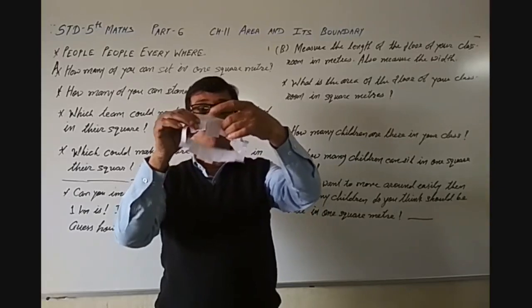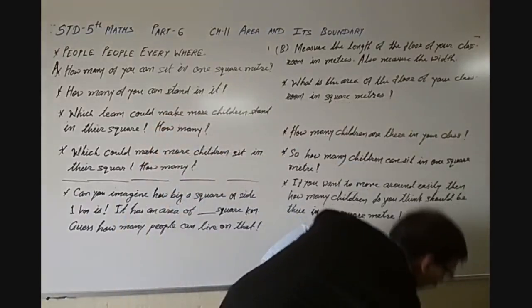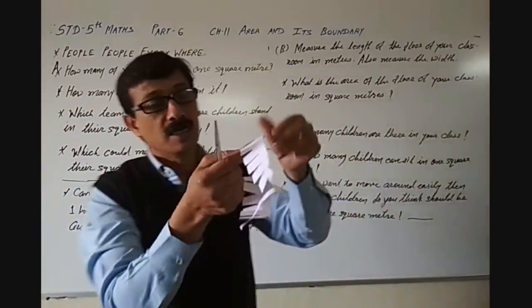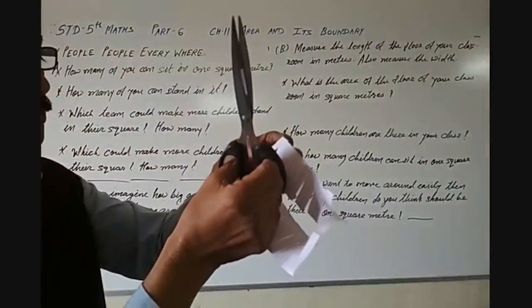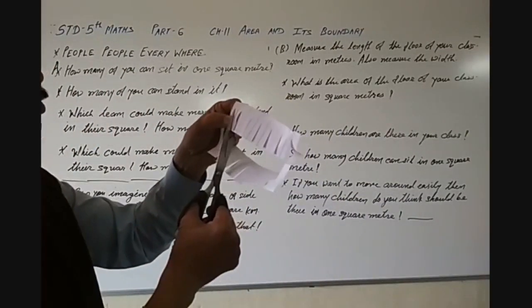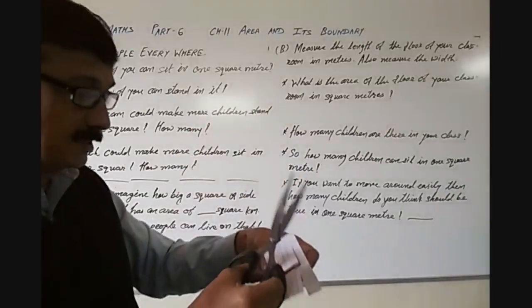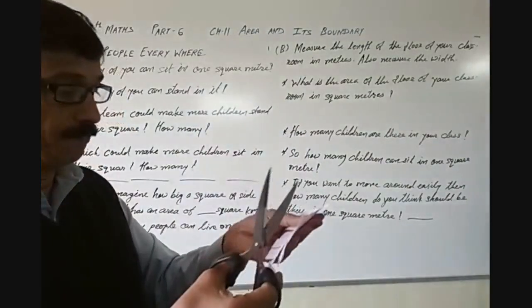Now if you want to go for some more, then what you should do? You should cut. If you want some more, then you should cut over here also, so that it will become a thin strip. See, here also, from the middle I am cutting this.